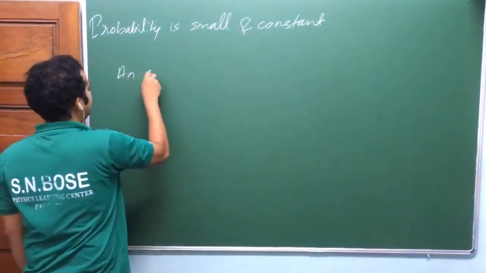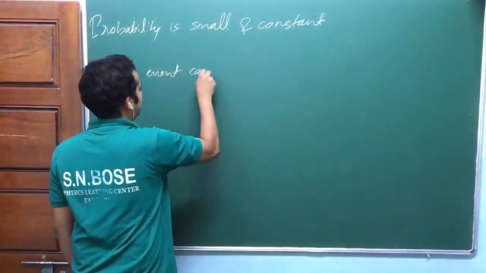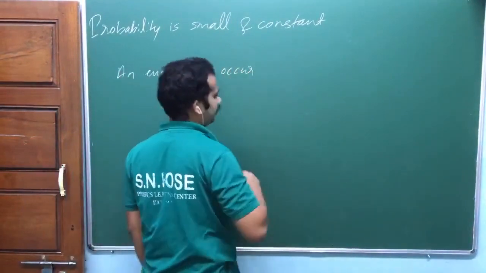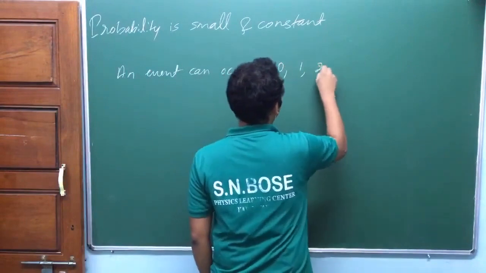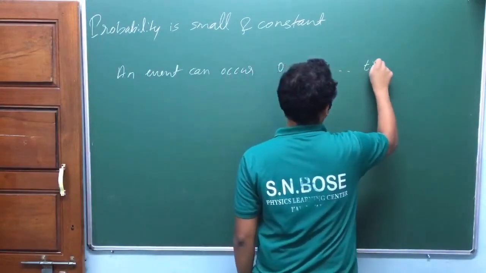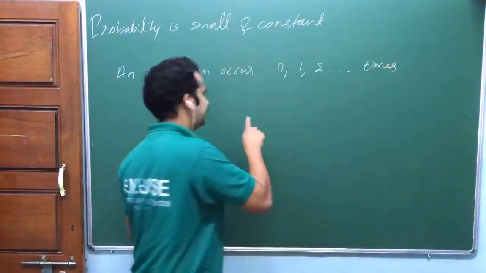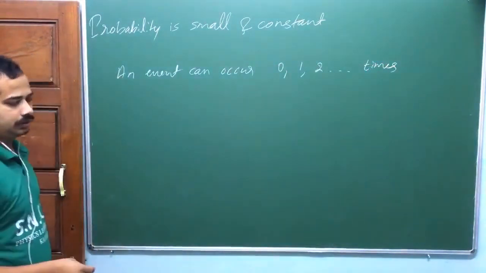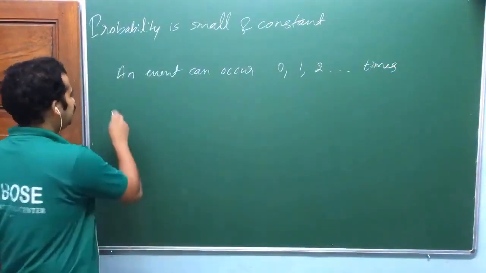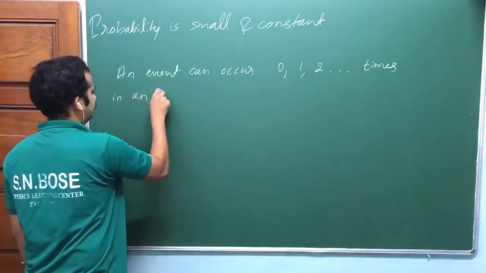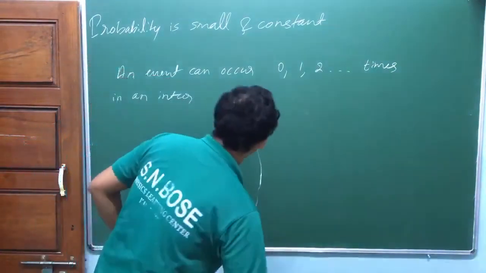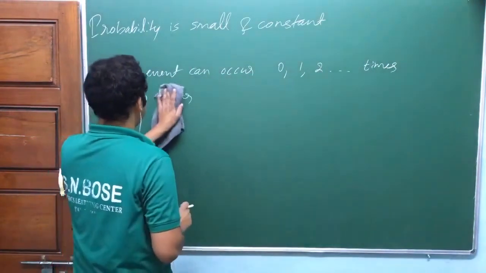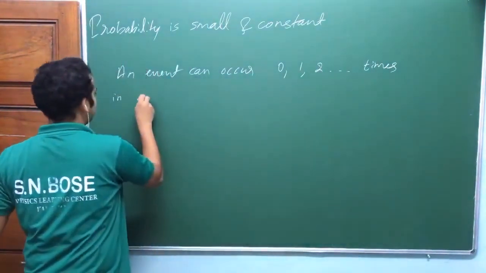An event can occur 0, 1, 2 and so on times, either 0 or 1 or 2 times in an interval. Interval means time interval.